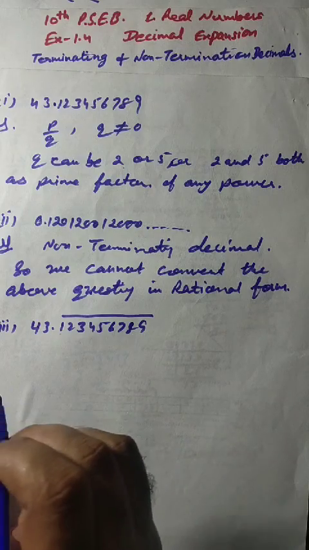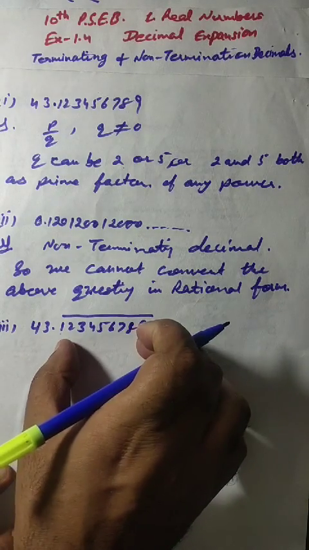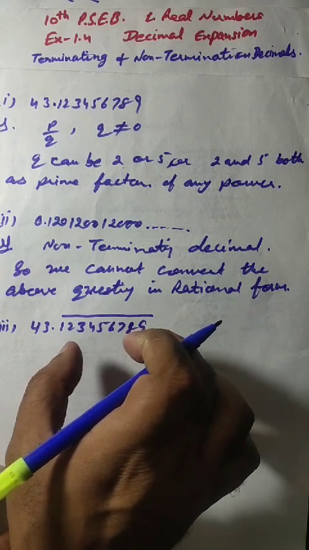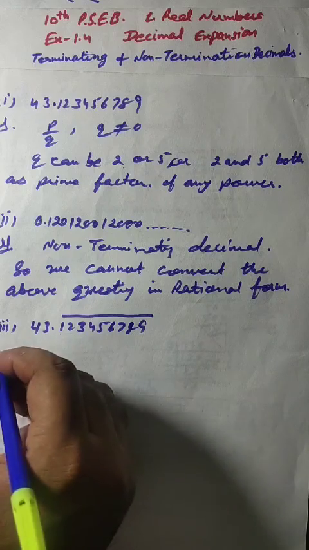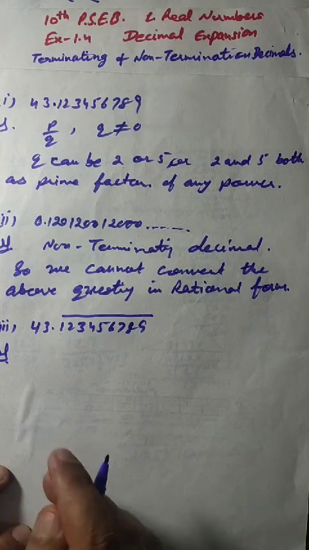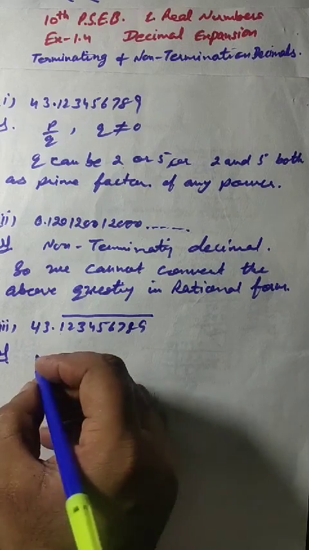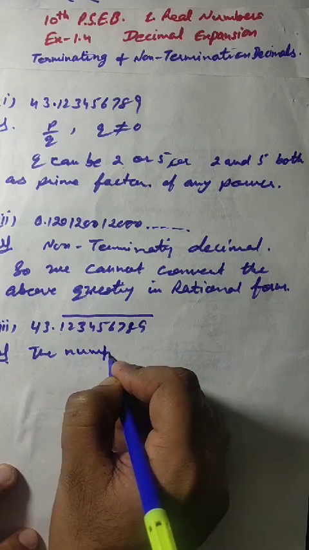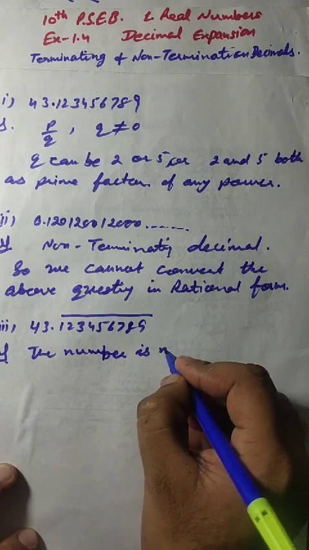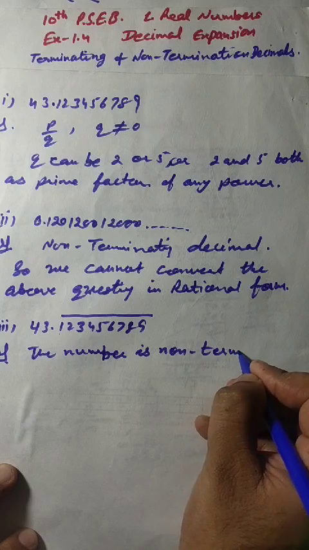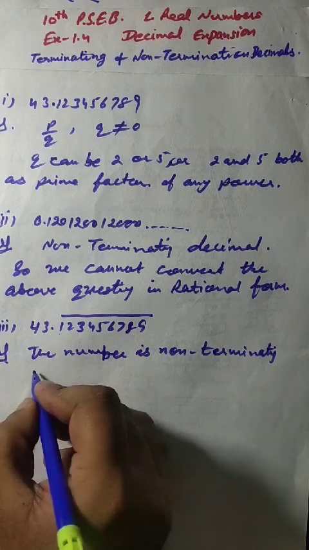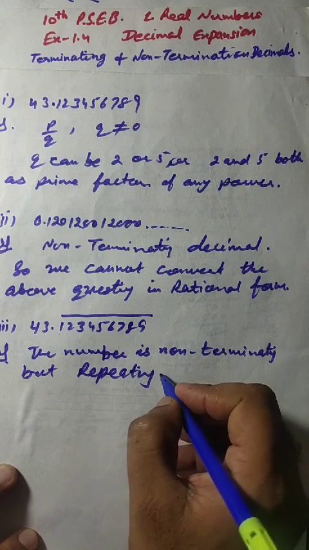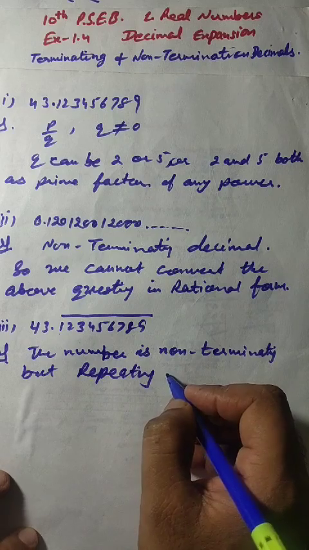If the number is having a repetition after the decimal, that means we can represent that number in rational form because the number is non-terminating but repeating, or we can say recurring, repeating again and again.